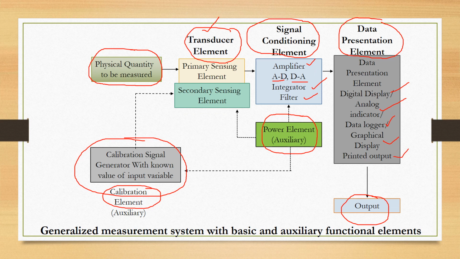But these basic functional elements are integral to the instrument and they are always needed. Because of that they are shown with solid lines. So this is how the general block diagram of any measurement system will look like.